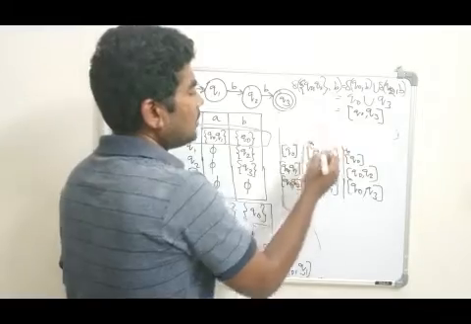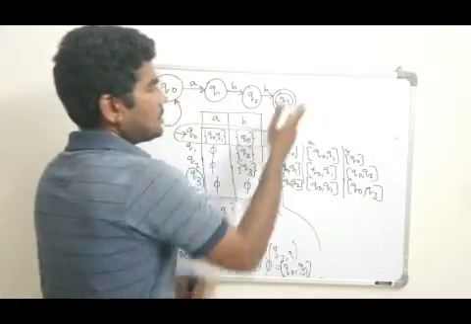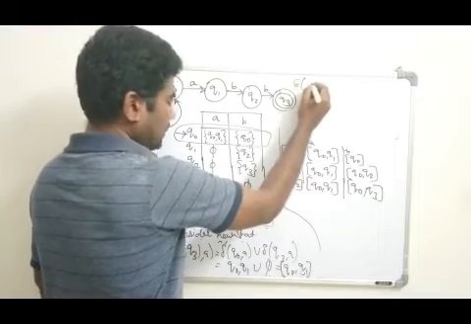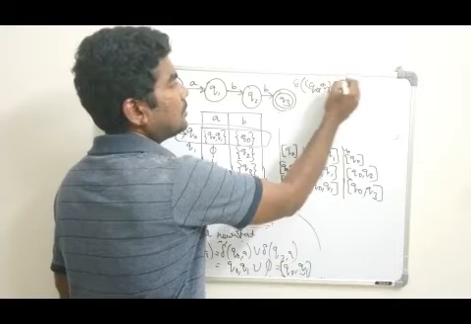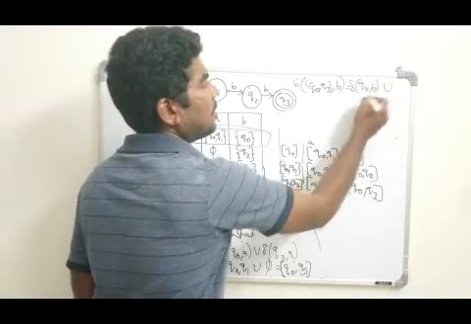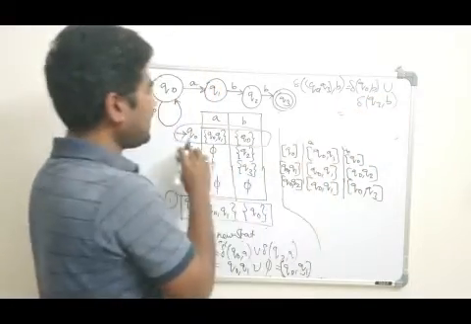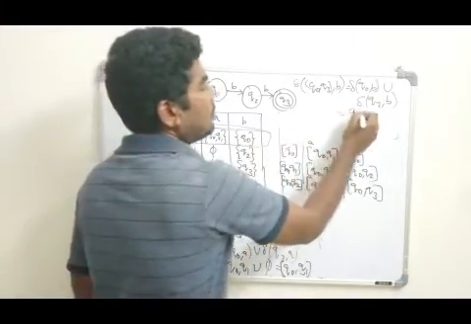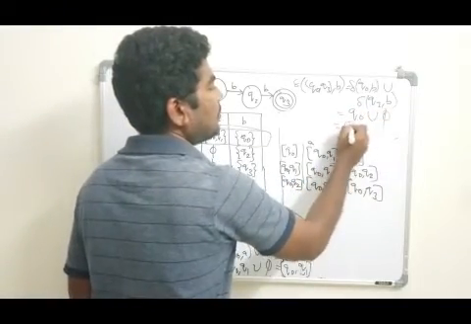So now next we are going to consider this with B. Delta transition of q0 q3 comma B equals delta transition of q0 comma B union delta transition of q3 comma B. So q0 comma B is q0, union q3 comma B is phi, so you are getting q0.